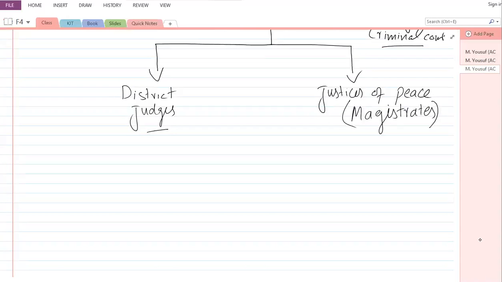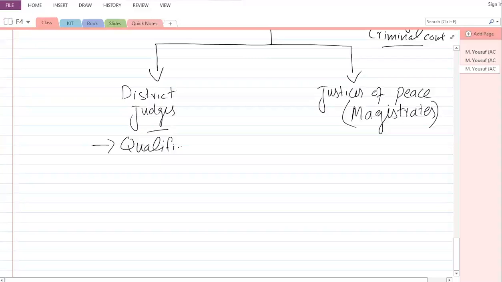So what is the difference between the two judges? District judges are properly qualified judges. For example, they have attained a degree in law like an LLB. They are properly salaried.